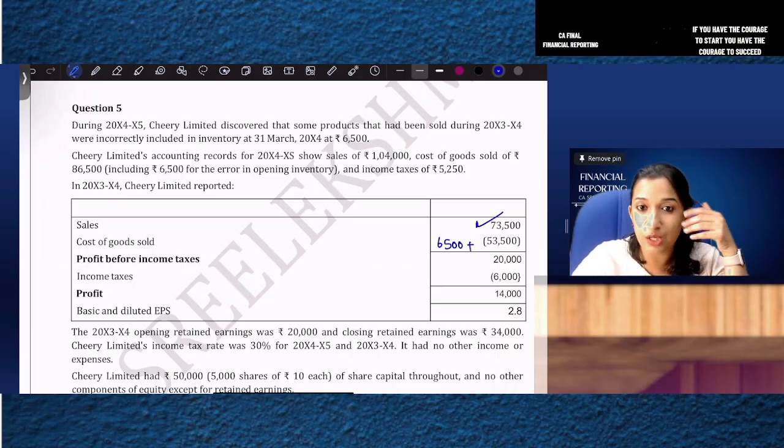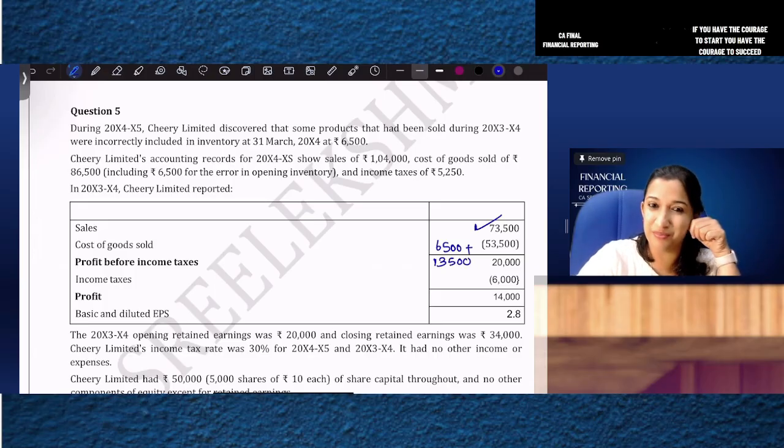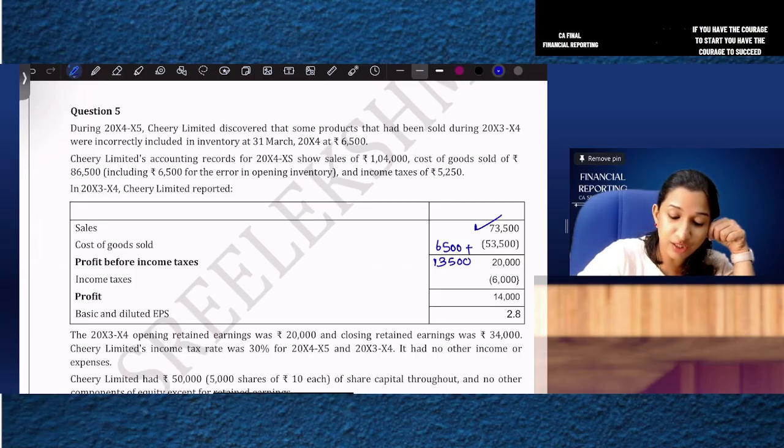So actually cost of goods sold should be more by 6,500, and as a result your corrected profits should be 13,500. And the tax should be on 13,500 at 30 percentage.